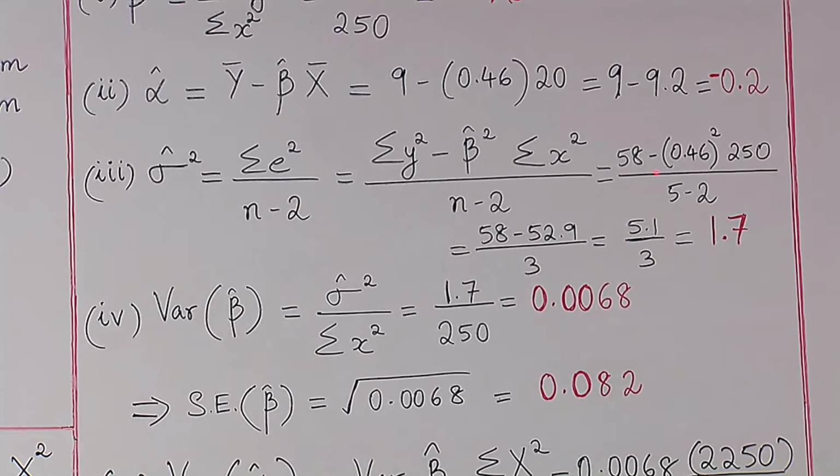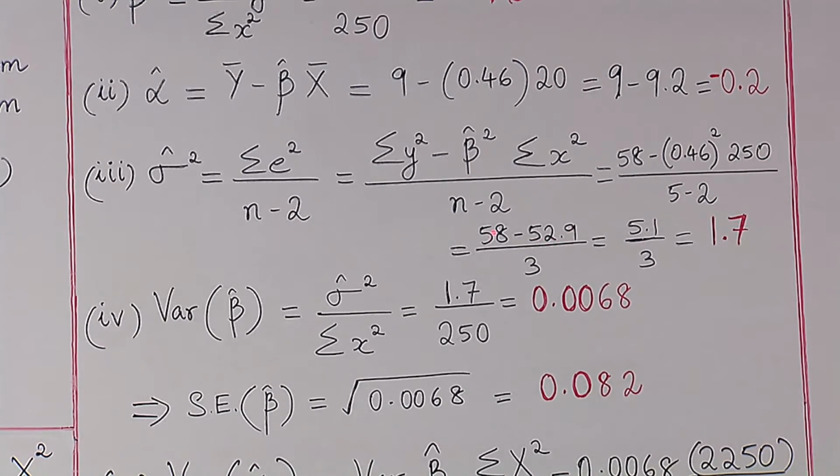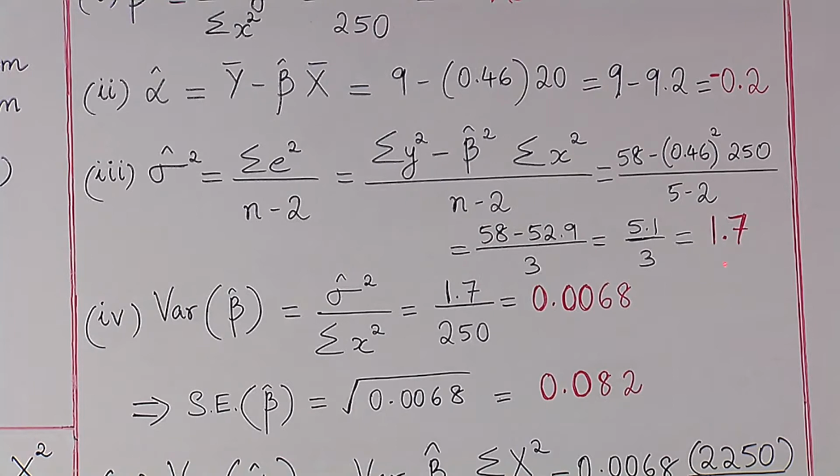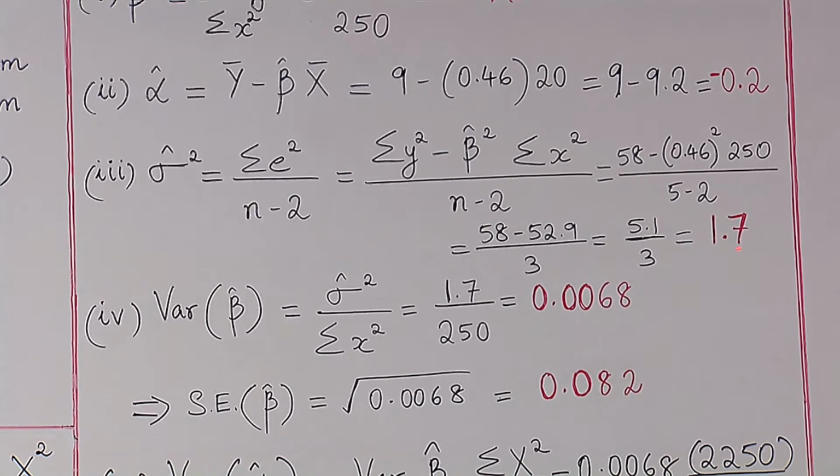Substitute all the values and you get on multiplication of 0.46 square into 250 as 52.9. When you subtract 58 and 52.9, the answer is 5.1. So, while we divide 5.1 by 3, the calculated variance of error term is 1.7 in this example.